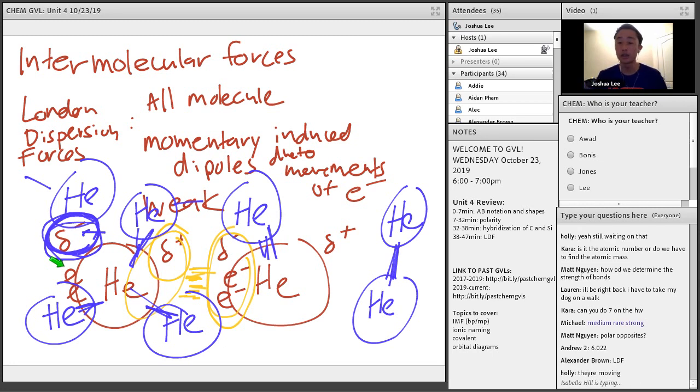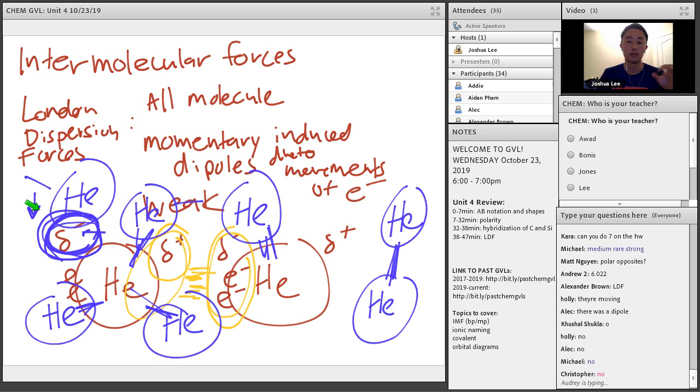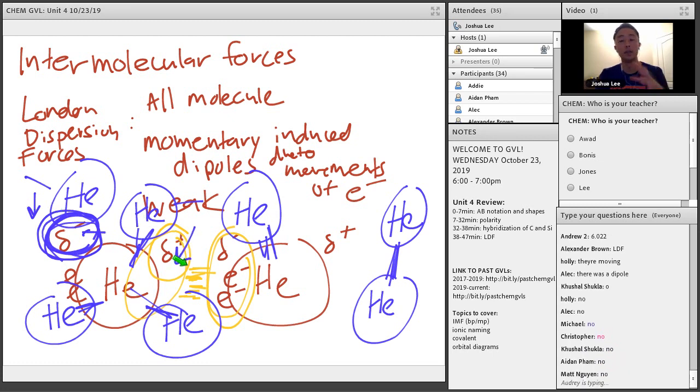Yeah, the electrons are constantly moving. So the electrons, as they move, they just happen to be on this negative side. Meaning, is this left side of the helium always going to be the negative side? No. It could be on the right side, it could be neutral, so electrons are moving all over the place.